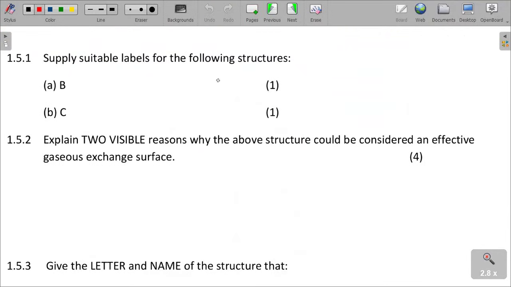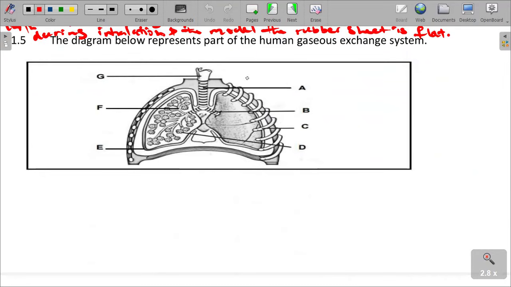Supply suitable labels for the following structures: B and C. What is B and C? If we look at B, we have labeled the previous one. We said that as you look from the trachea, A is the same thing that we labeled as the trachea there.